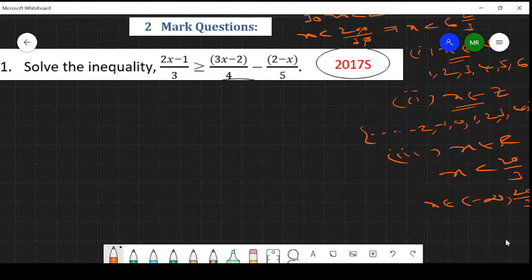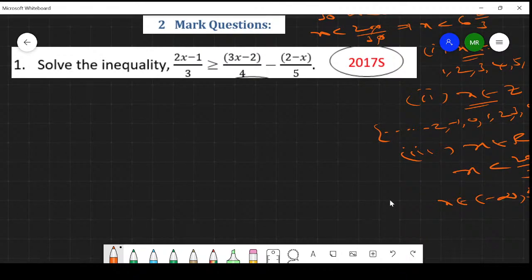Solve the inequality (2x minus 1) by 3 greater than or equal to (3x minus 2) by 4 minus 2 minus x by 5. Just look into this problem. You can observe how to solve it. This was the 2 marks question.